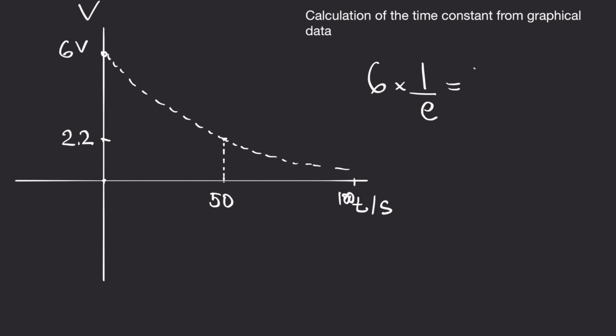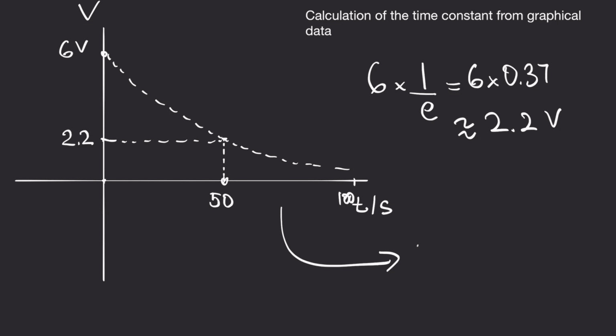So that's also roughly equal to 6 times 0.37, which is about equal to 2.2 volts. So whenever the capacitor reaches 2.2 volts, which is right over here, this happens at 50 seconds. So for this particular graph, the time constant is equal to 50 seconds.